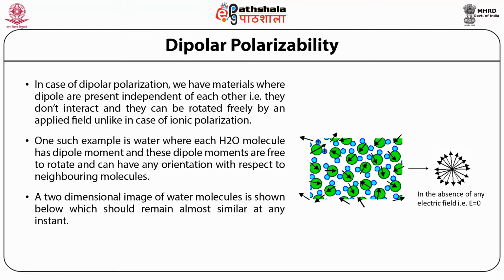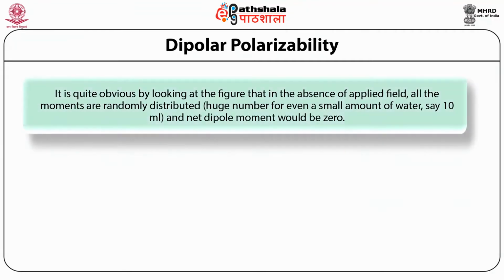A two-dimensional image of water is shown in the slide, which should remain almost similar at any instant. The arrows depicted in this figure show the direction of the dipole moment associated with each molecule. It is quite obvious from the figure that in the absence of an applied field, all the moments are randomly distributed, a huge number even for a small amount of water, say 10 milliliters, and the net dipole moment would be 0.